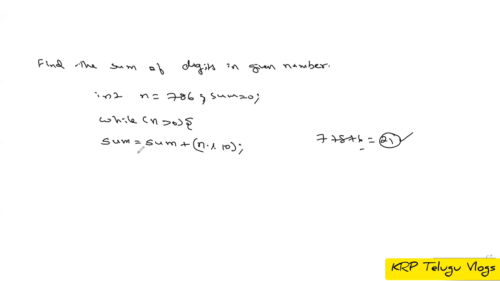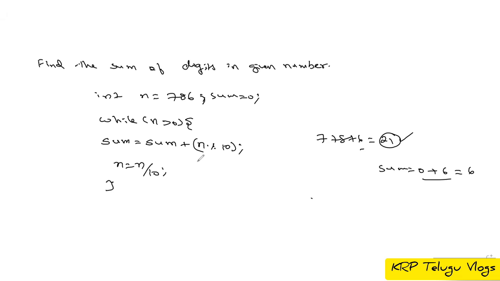Initially, sum is 0 plus n mod 10, which is 6. So sum value is 6. Then n is equal to n divided by 10. What is the n value?